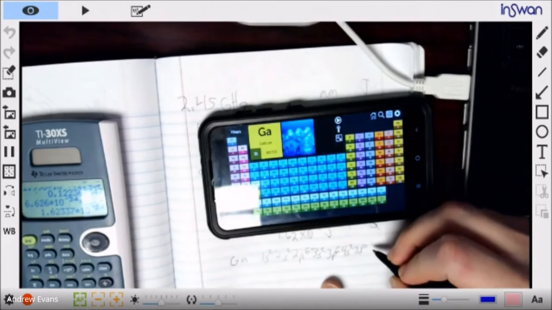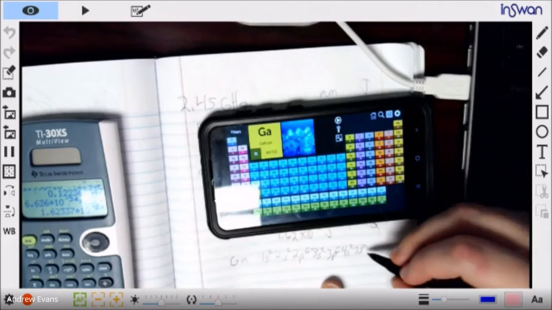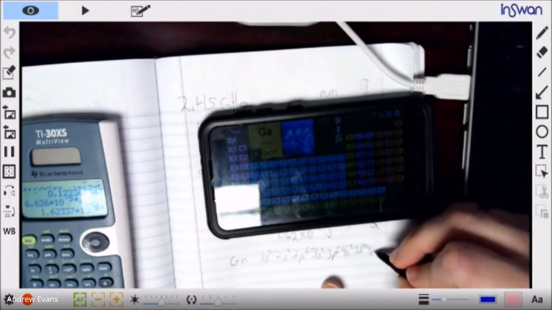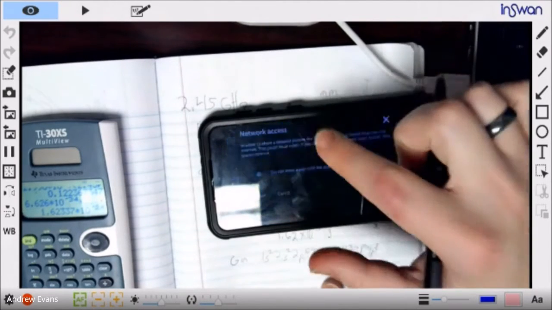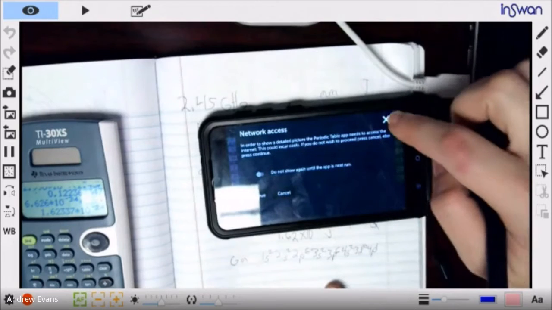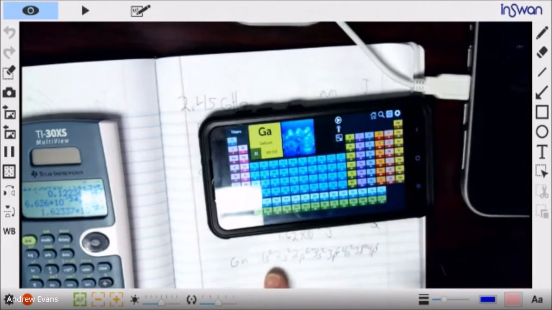And then gallium would be 4p1. So the full electron configuration there is 1s2, 2s2, 2p6, 3s2, 3p6, 4s2, 3d10, 4p1.